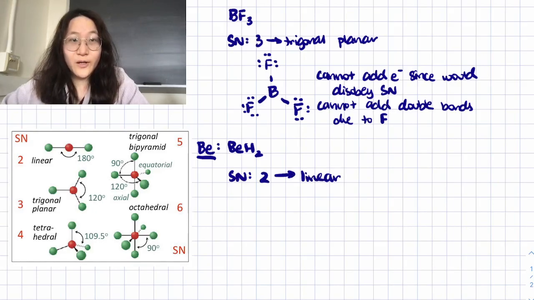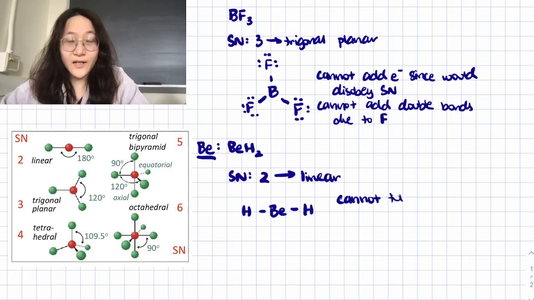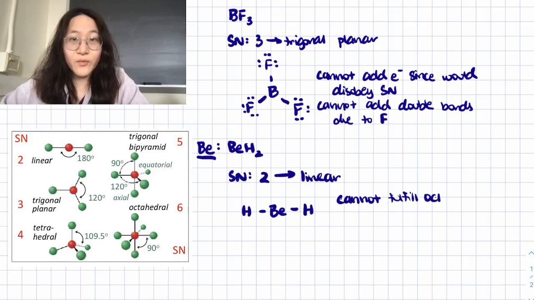So this time we'll put Be in the center with 2 H's to the left and right of it. Once again, we can only connect them with single bonds because hydrogen will only form single bonds. If any electrons are added to beryllium, we once again see that it would disobey the steric number, and we would have a steric number that isn't 2.